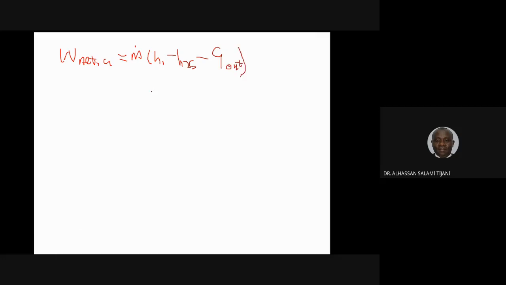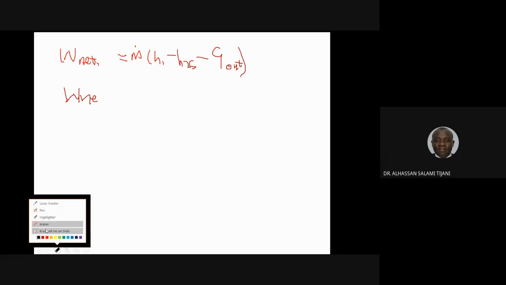So eventually we will have W net. Oh, sorry, this is for S. Very sorry. So W net for S. I'm having a technical problem with this device that I'm using, so I try to manage it. We have almost done.